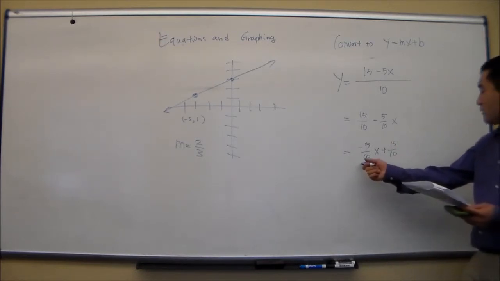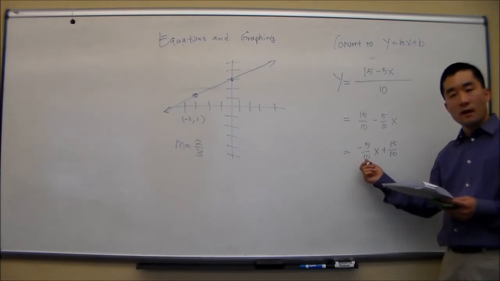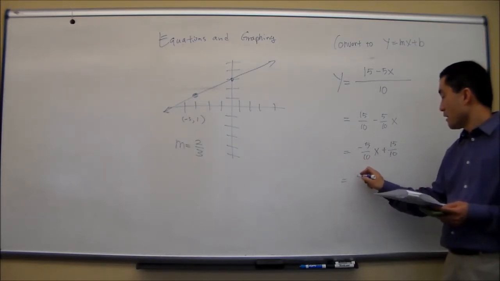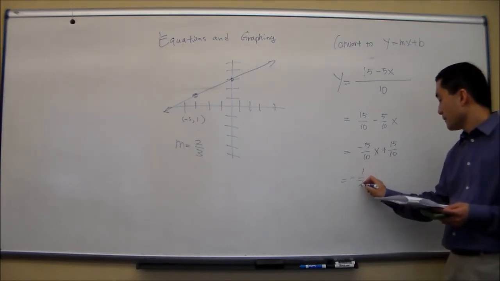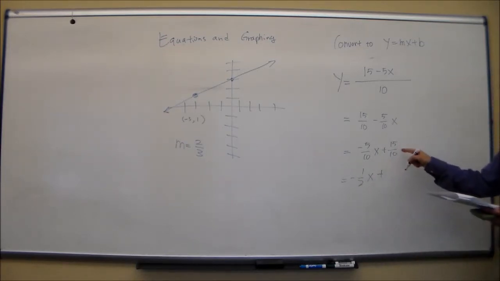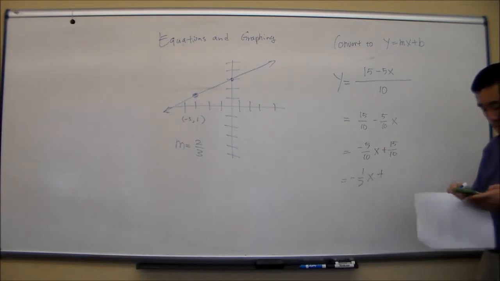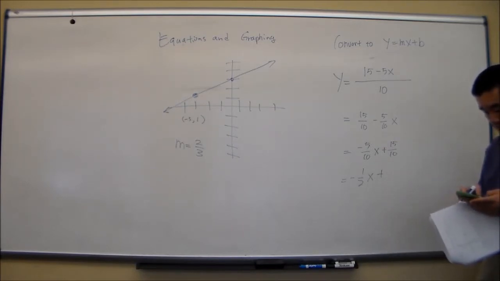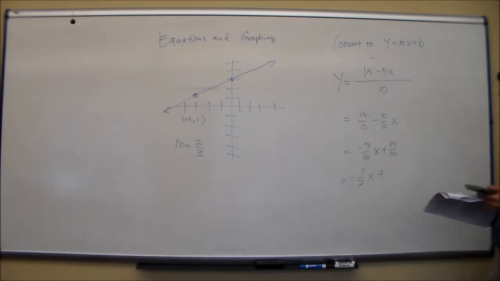So punch this in your calculator, 5 ABC 10, and you get 1/2. Do the same thing for 15 ABC 10, and you get 1 1/2.